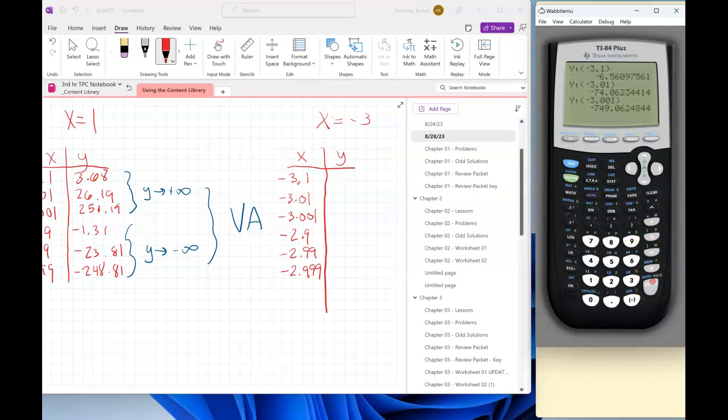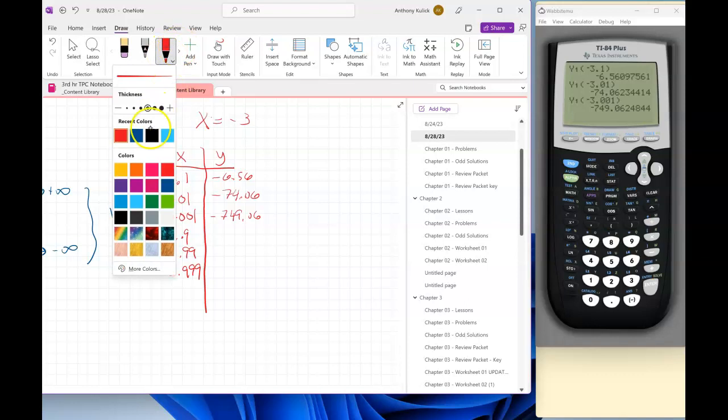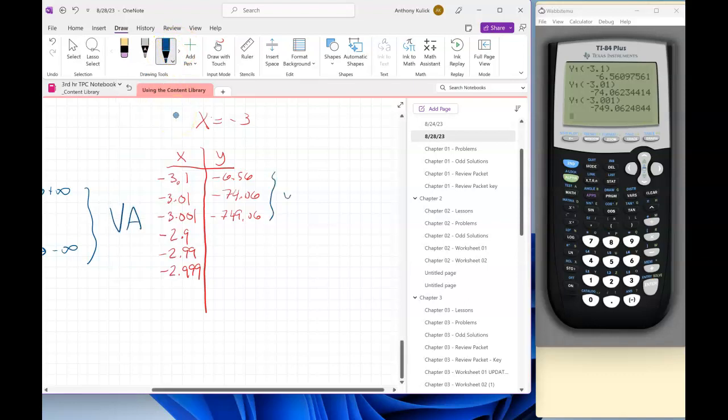Now I'll pause and write this stuff down. And again, what am I noticing here? That y is heading towards negative infinity.